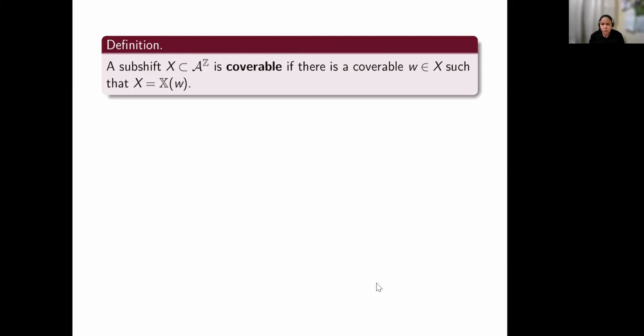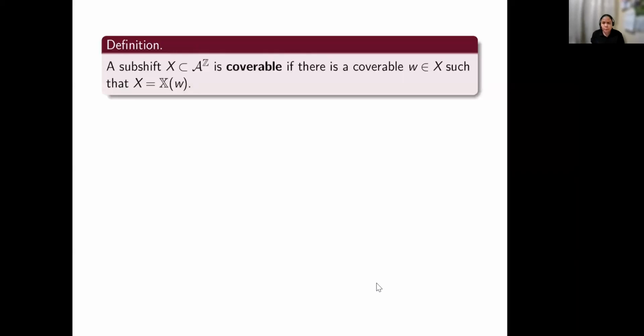In 2004, Mentzen and Marcus defined a coverable right infinite subshift in a similar manner. Instead of being a subset of A^Z, if we have a right infinite subshift X, it's coverable if we have a right infinite W that generates our X.